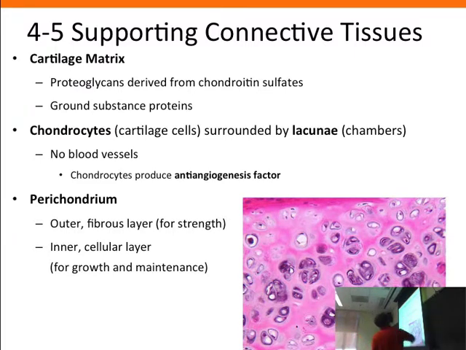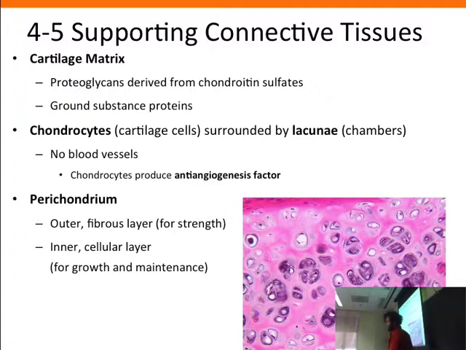Cartilage. So there's this matrix that's made up of the proteoglycans, the collagen, and various proteins in between. There are the chondrocytes, which are the cartilage cells, the terminally differentiated cartilage cells that live in these lacuna.